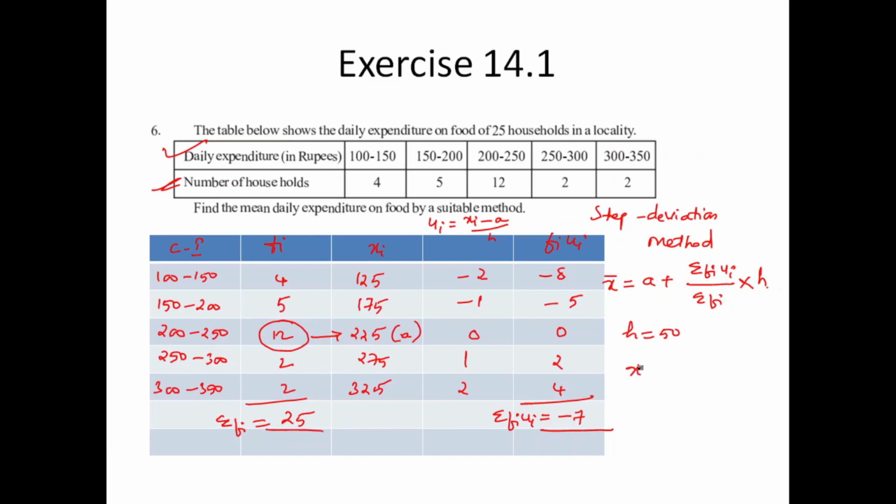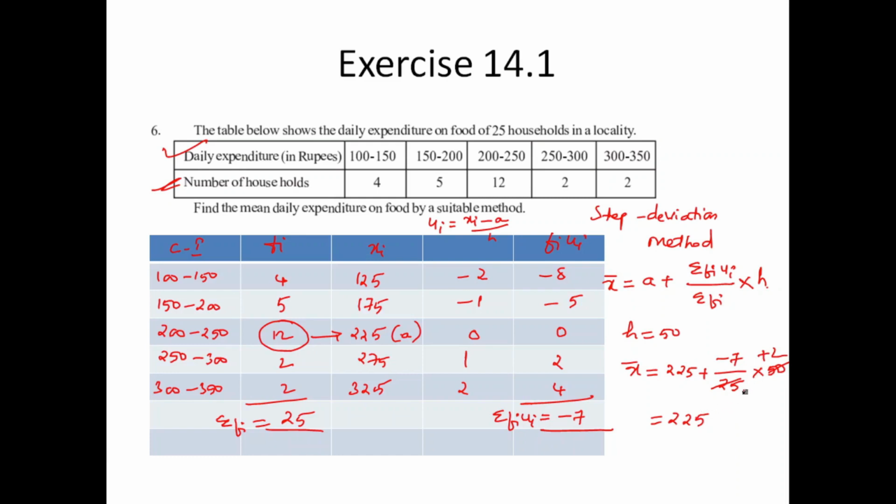So I'm summing here sigma of f, x of i here. I think you need to substitute the value of mean over here. So let's find the value of mean. The assumed value came out to be 225. The sigma of u of i minus 7 by your 25 into this is your 50, right? So this cancels directly, minus 210. So 225, I'm sorry, here plus.